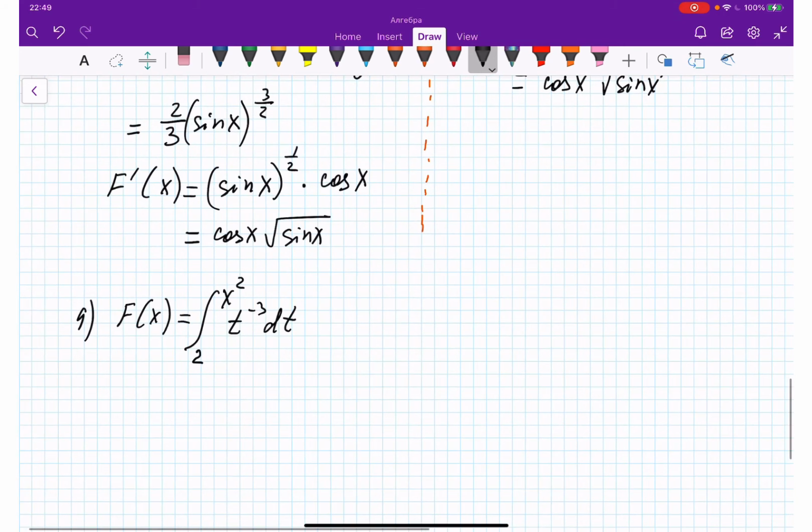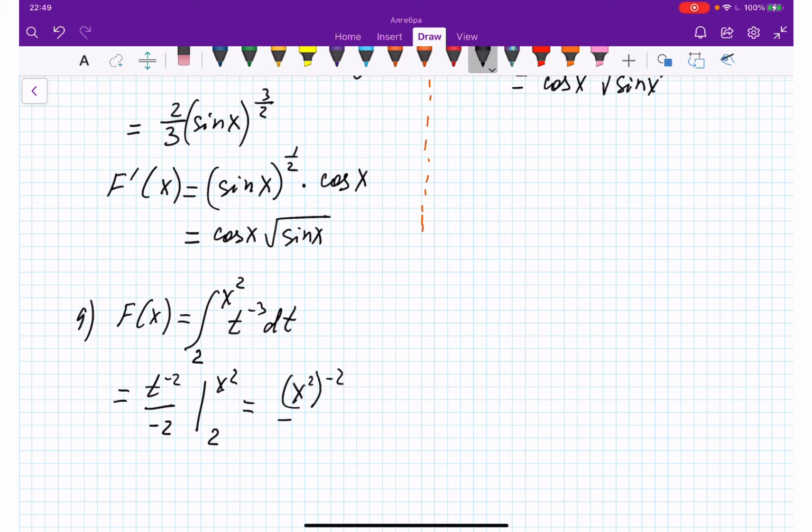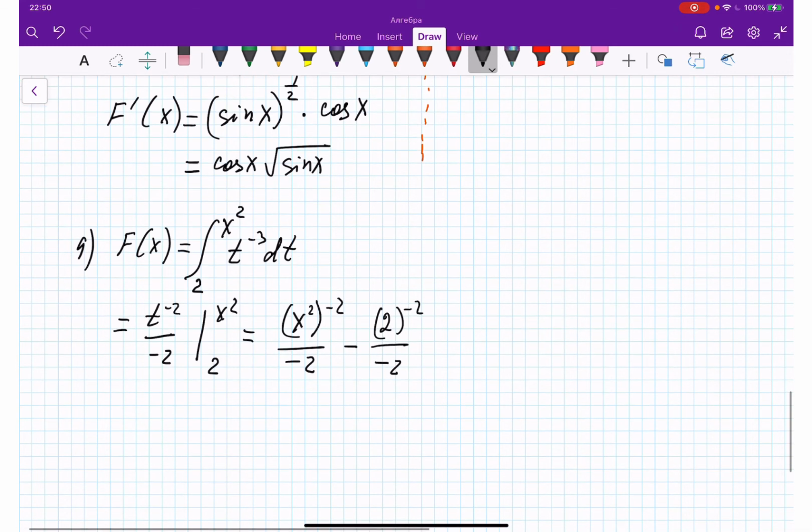So this is going to be equal to t to the power negative 2 over negative 2, right? And we have x squared and 2. Okay, so let's replace: x squared to the power negative 2 over negative 2 minus 2 to the power negative 2 over negative 2.